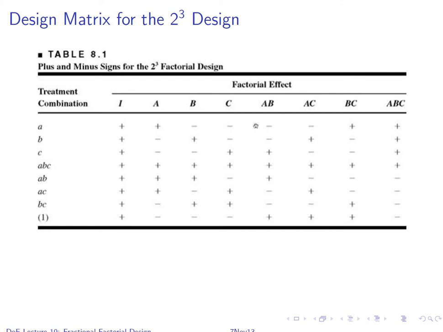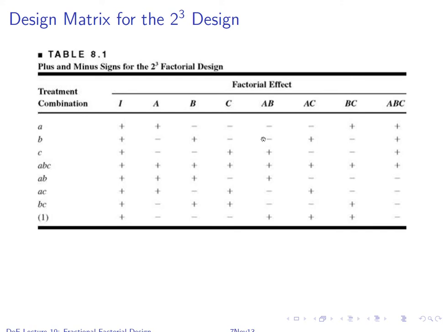So for example, the column that I'm pointing to now is AB, so it's the 2-factor interaction of A and B, and in the first case it's shown as a negative, and that's because I assigned a high level to A and a low level to B. The product of the 2 is negative, meaning in this experimental run with this assignment to the factors A, B, and C, the factor interaction AB is at the low level.